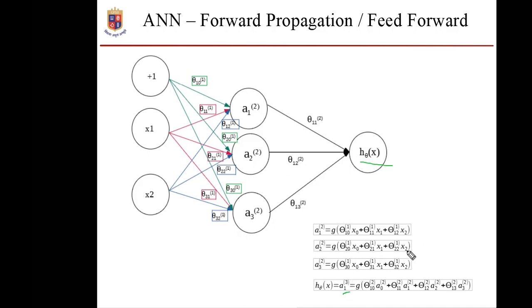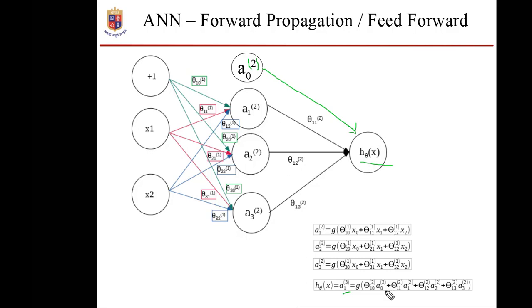The formula starts with the bias unit, so let us add one bias unit to the diagram, and this is nothing but a0 of 2. It has to be closed into the brackets, so it's a0 and 2. Now the corresponding weight connecting a02 to h theta x will be theta 102.